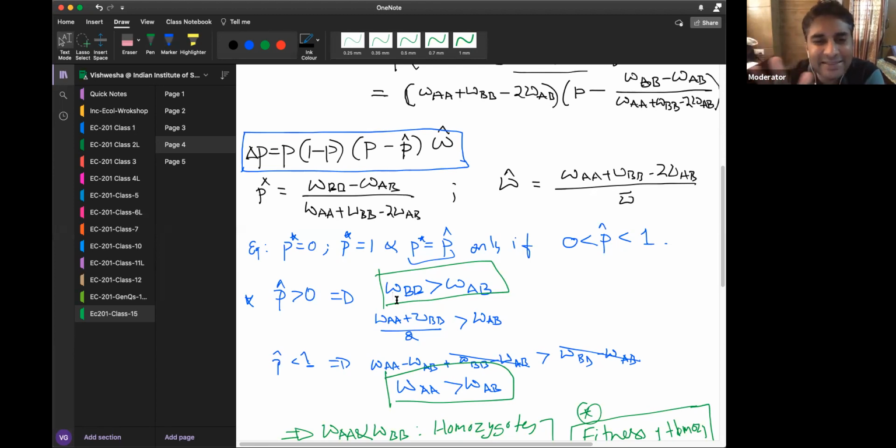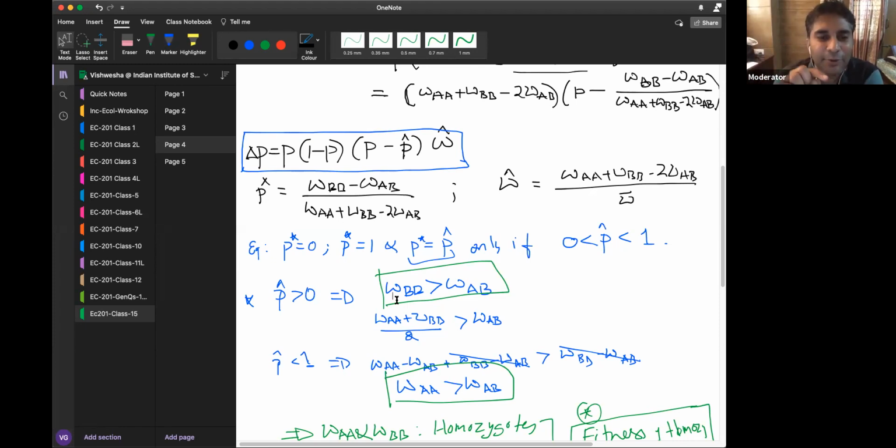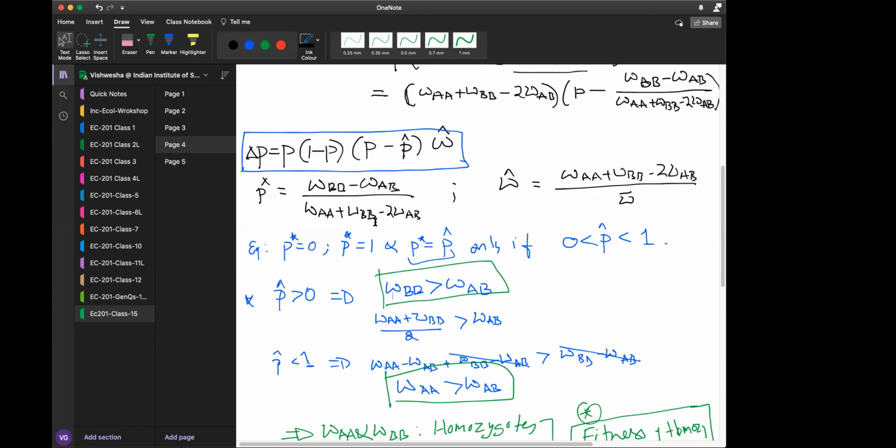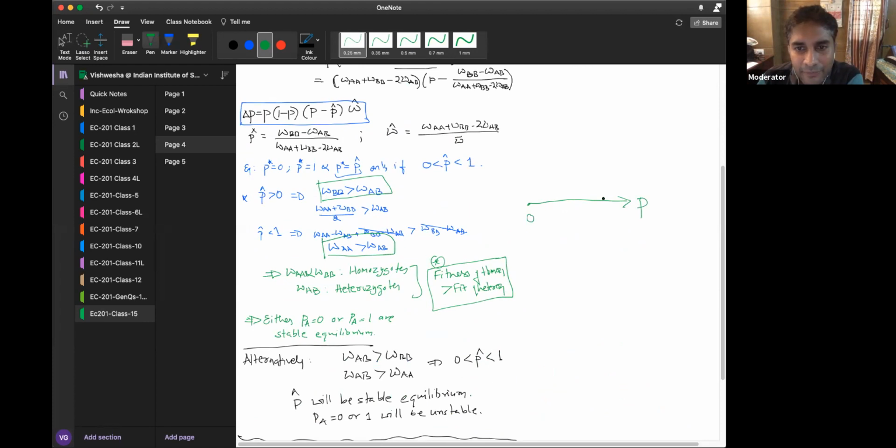See, this alone doesn't tell anything about stability. Here now I was using an intuitive argument following this. Now we have three equilibria, 0, 1, and p hat. Let me try to write this here. Let's look at this line. P, we have 0, and we have 1, and we have some p hat here. I'm now entirely using an intuitive argument. I'm not using a mathematical argument like we have done in the past to look at slopes and so on.